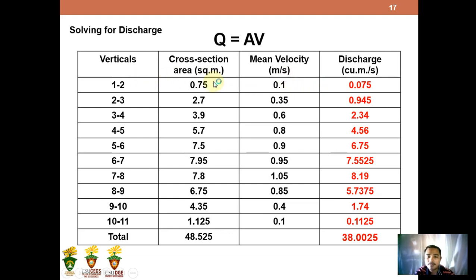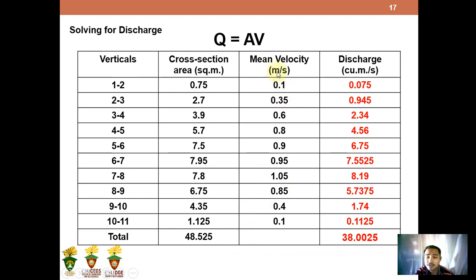So we are going to put them in a table, for example in verticals 1 to 2, 2 to 3, until 10 to 11. This is the value that we got earlier for cross-sectional area, the answer for letter A question, and the mean velocity that we solved is also inputted here.